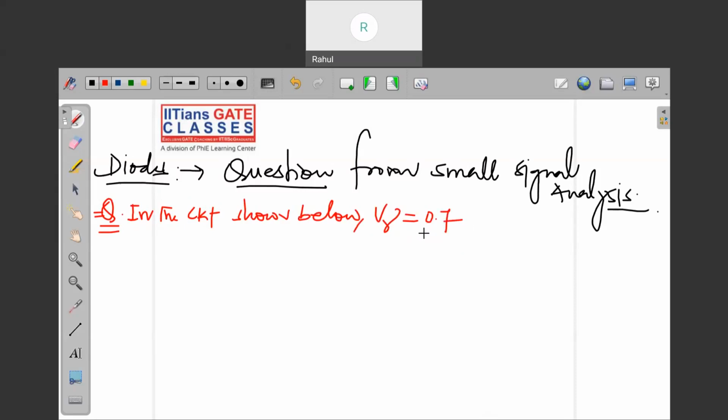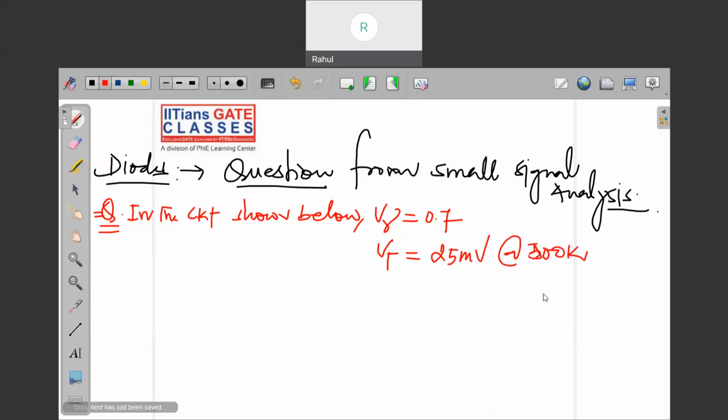And they have given Vt as 25 millivolt at room temperature, that is 300 K.